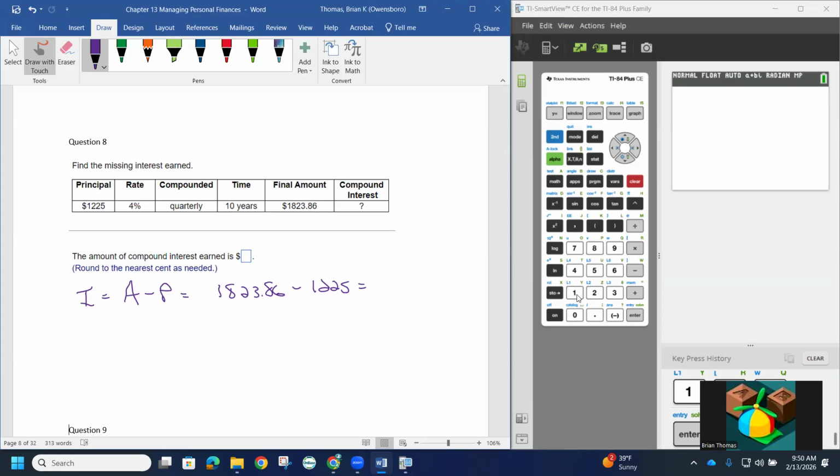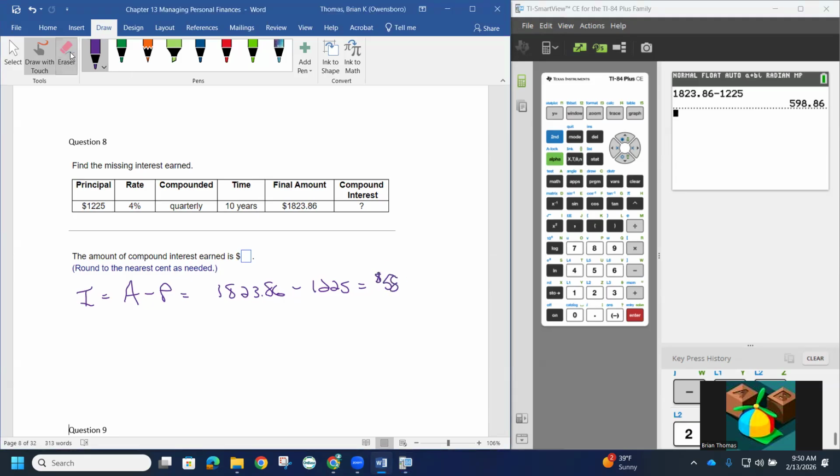So if I put that in the calculator, $1,823.86, if I subtract the $1,225, that should give us how much we paid in interest, which would be $598.